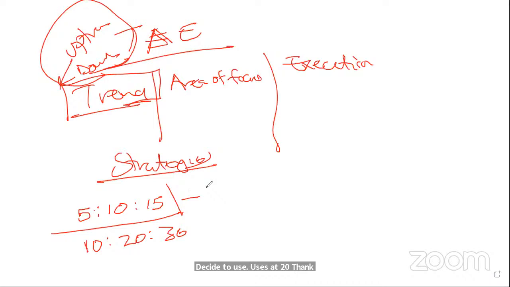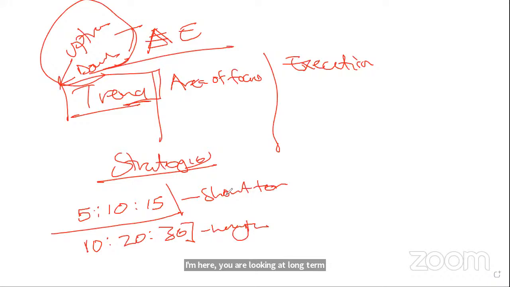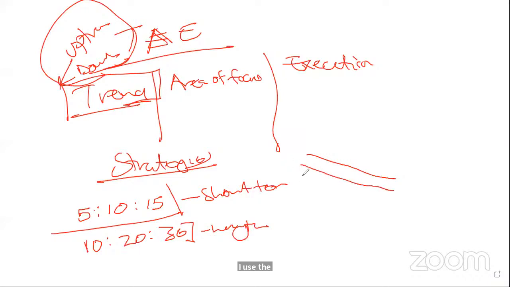This is short term. And here you are looking at long term. And when someone creates this, there are usually 3, so these will be the 3 lines that are moving.